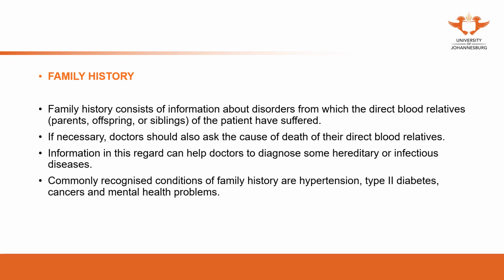So it's very important to ask about the cause of death of their direct blood relatives, especially the age when they passed away, or when they passed away at a very young age. You need to ask about the cause.